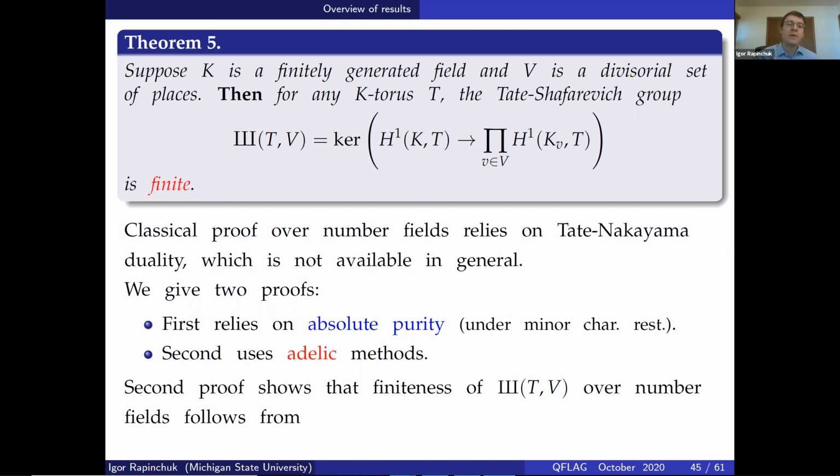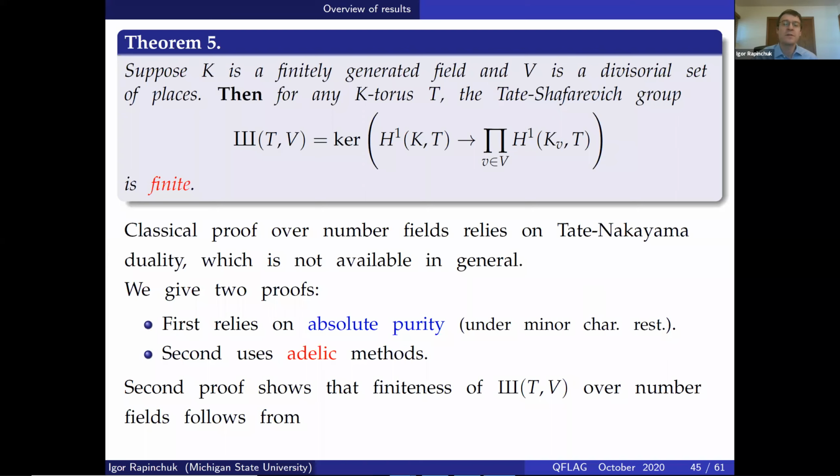Now, although I'm not going to go into the details here, I should say that our second proof, and this was somewhat surprising to us at first, turns out to shed some new light on the classical situation over number fields.